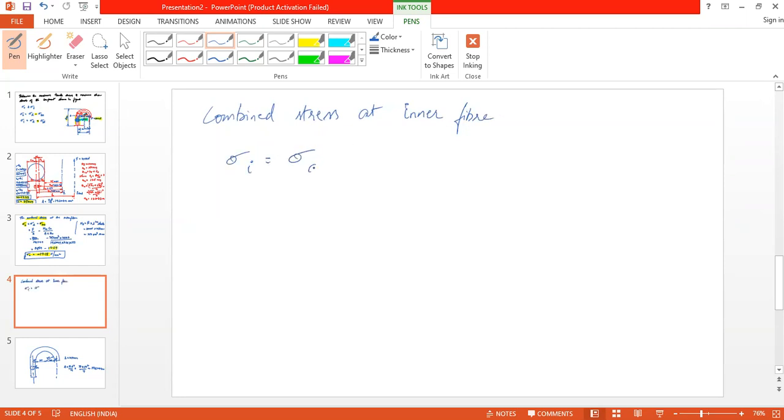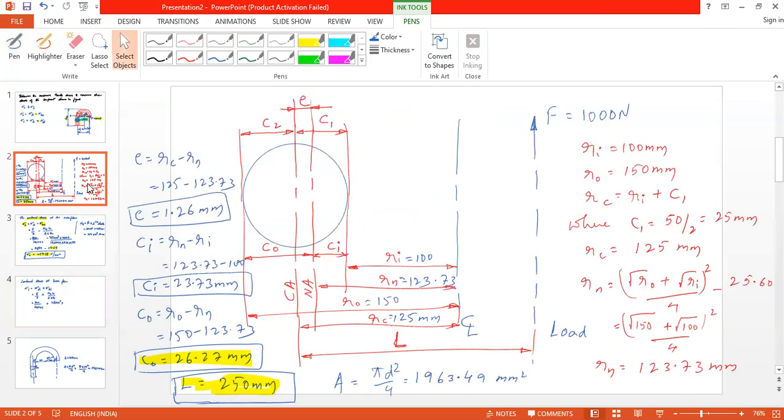That is sigma I, that is equal to sigma D plus sigma B I. This is equal to F by A plus MD C I by A E R I. Means F is 1000 Newton and the area is 1963.49, plus MD is 250 into 10 power 3, multiplied by what is C I? C I is 23.73.